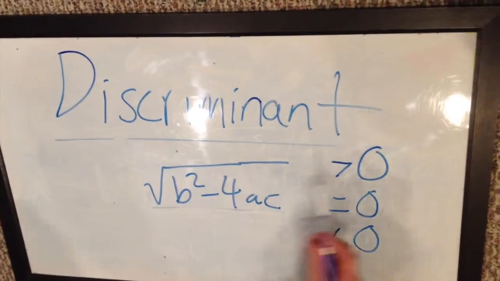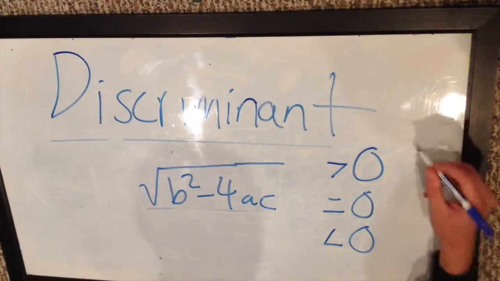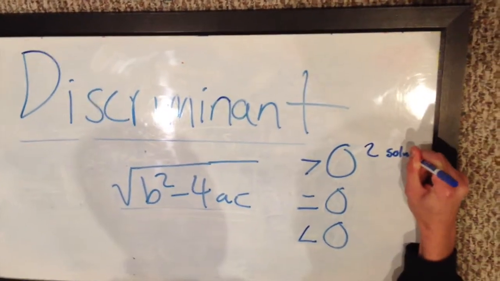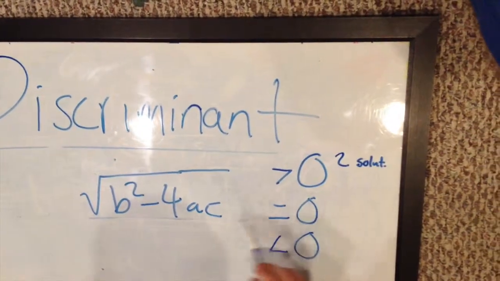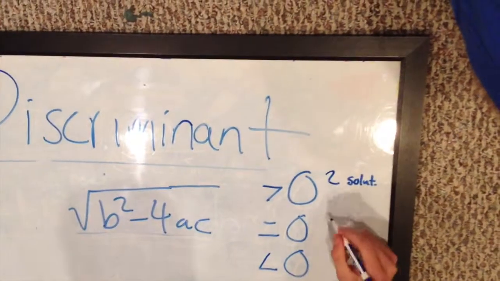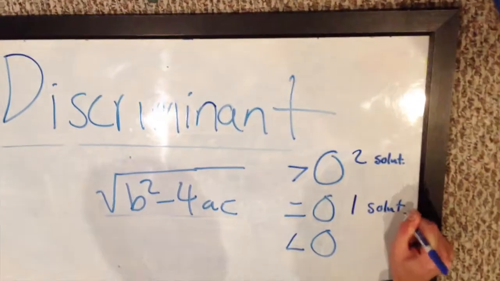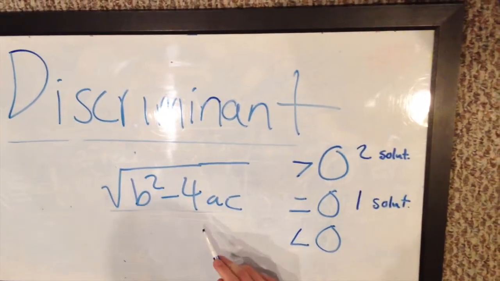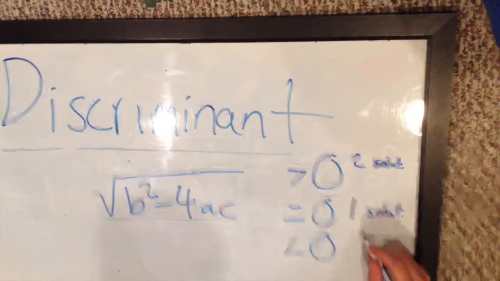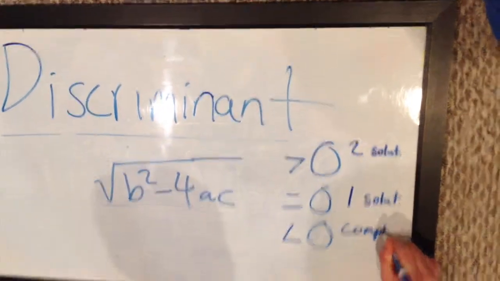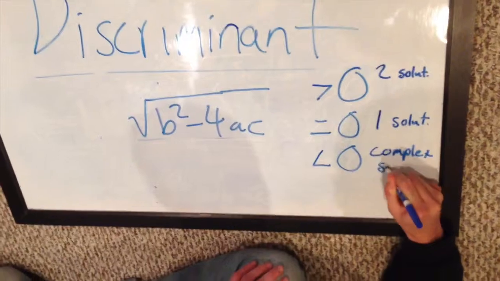If the discriminant is greater than 0, we have 2 solutions. If the discriminant is equal to 0, we have 1 solution. If the discriminant is less than 0, we have what's called a complex solution.